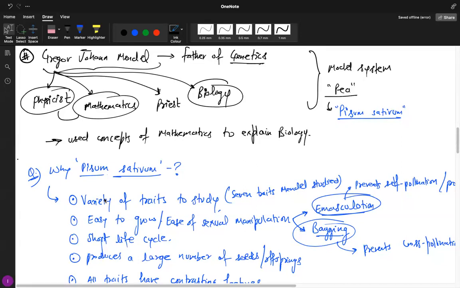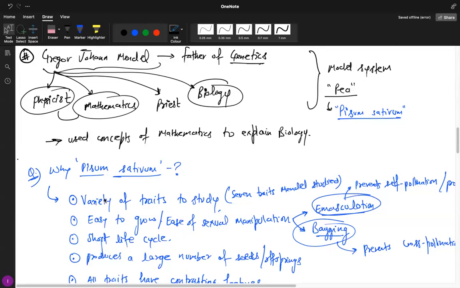The reasons are: there is a variety of traits to study; second, it is easy to grow; third, it has a short life cycle; fourth, it produces a large number of seeds; and fifth, all traits have contrasting characters. Then we discussed that in pea plants, there are seven contrasting characters.